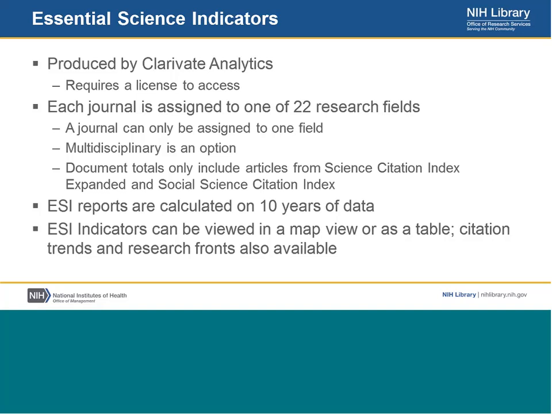ESI reports are calculated on 10 years worth of data, so it's 10 from the present year back 10. So that is another thing to be aware of. It's designed to help you with more current work, less useful for more long-term or historical investigations.